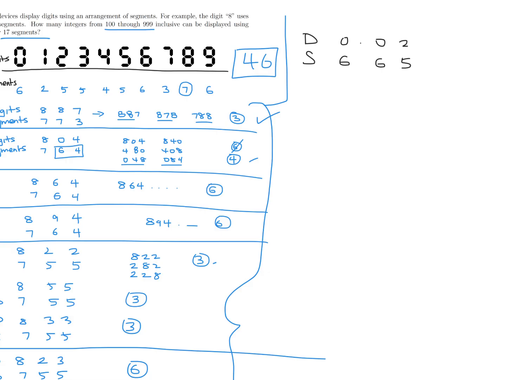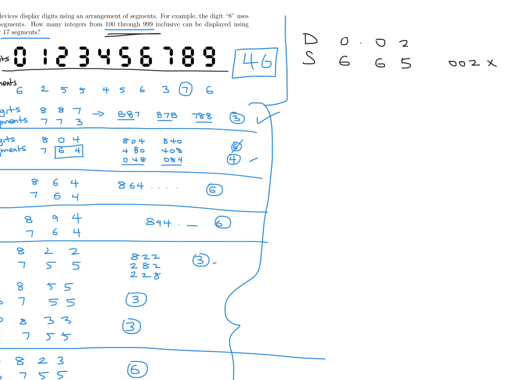But the problem you'll see with these is that there's a lot of ones that we have to eliminate, because this number itself, 002, is invalid because it's not between that range.